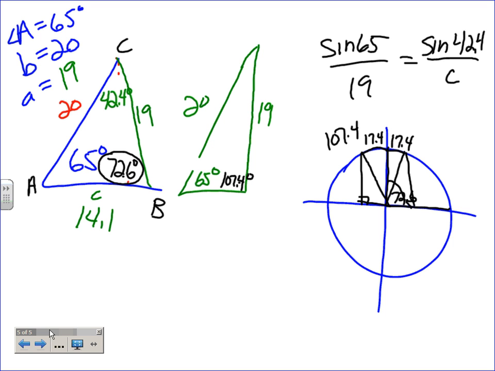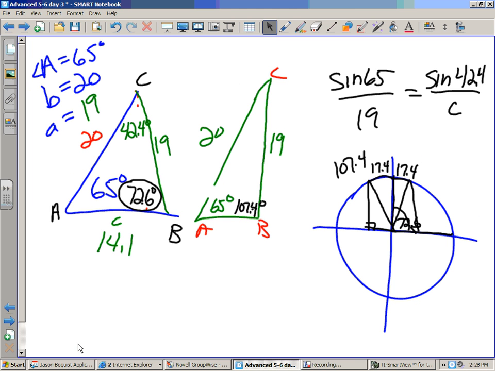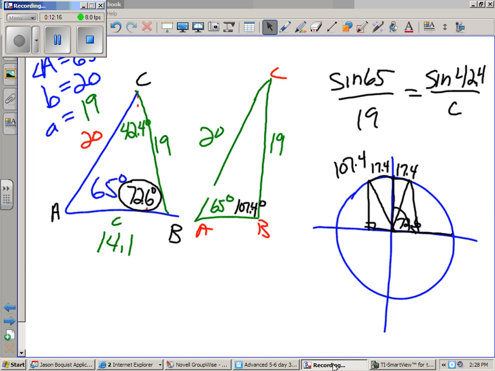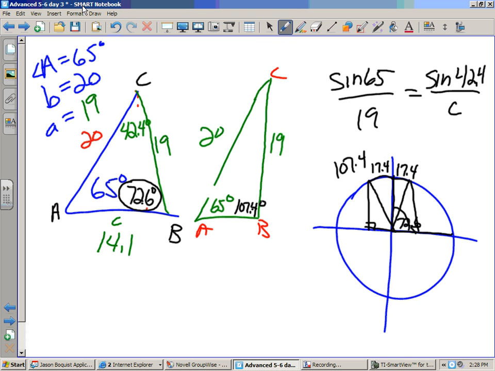Okay. Now you can go ahead and find, here's angle A, angle B, go ahead and find angle C. I've been told 7.6. Well, that looks believable. And how about this side C on this one? I think we're going to agree that it's going to be less than the 14.1 we got on the other one.